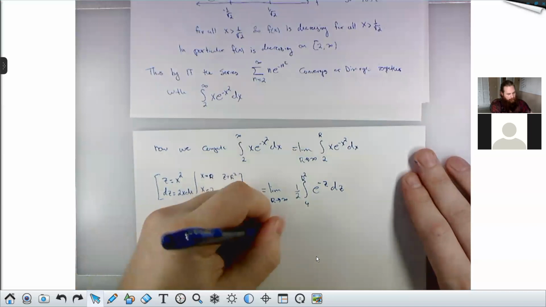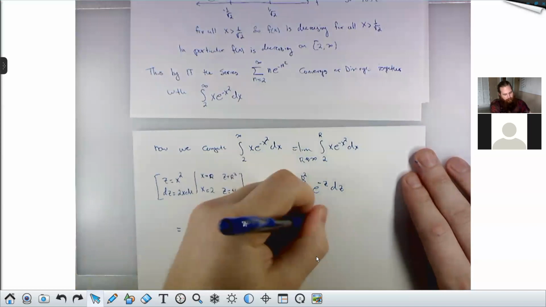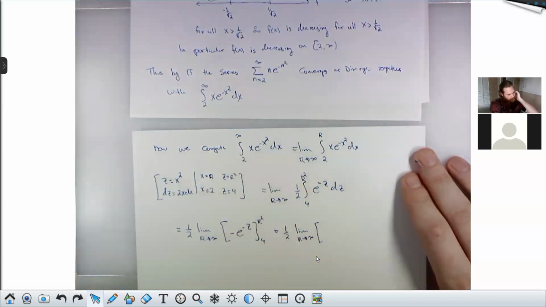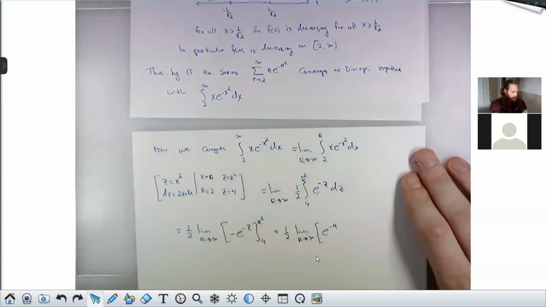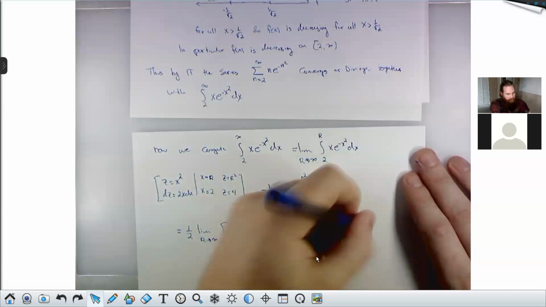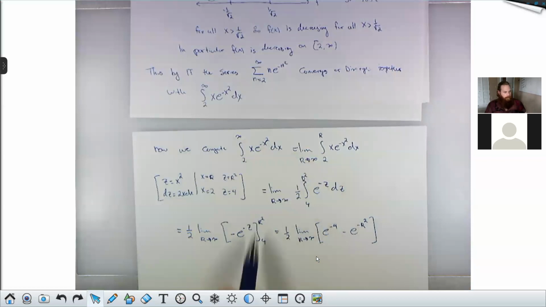This gives me 1/2 the limit as r goes to infinity of e to the negative 4 minus e to the negative r squared. So I do the evaluation and then I change the order of subtraction to make it look prettier. But you could write it as negative e to the negative r squared minus negative e to the negative 4 if you preferred.